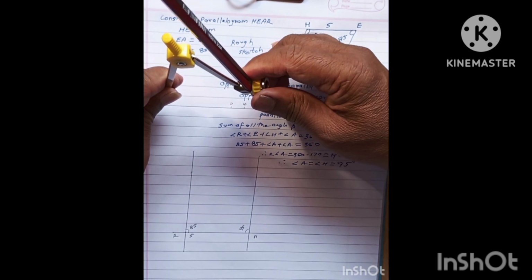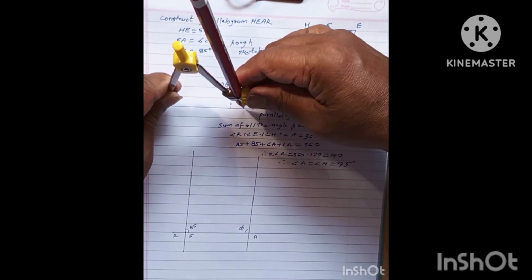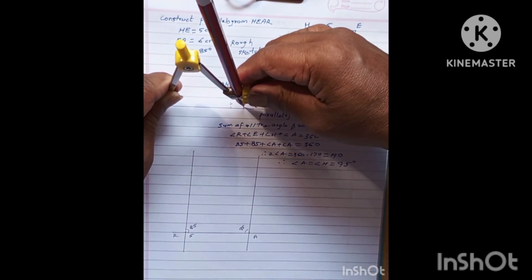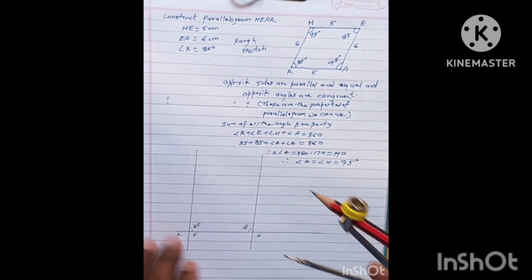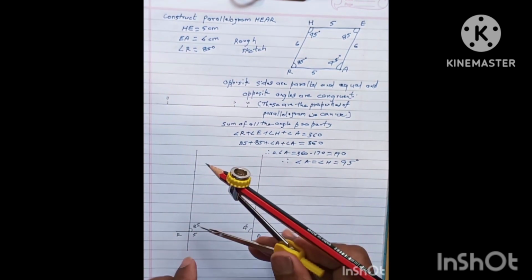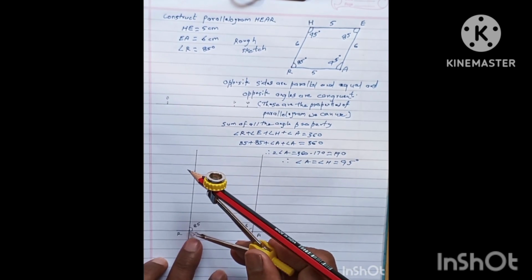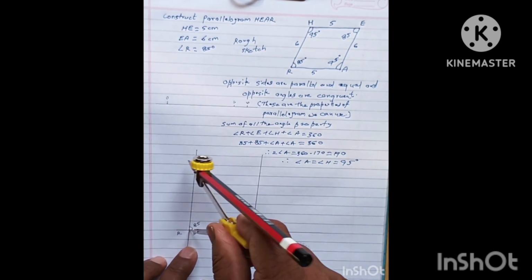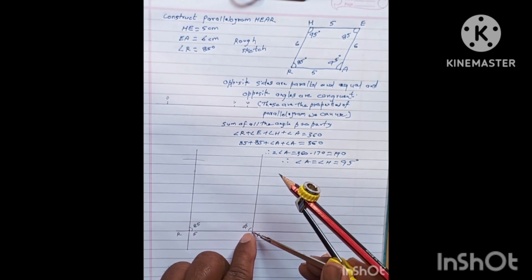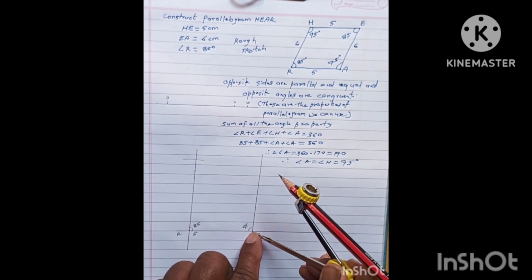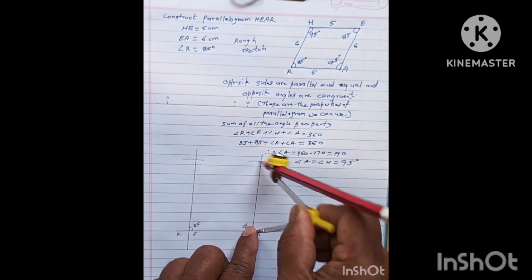So take 6 because we have to locate H and E. H lies 6 centimeters away from R and E. So I'm taking H first, giving a mark, that is where H lies, and the exact mark. And this is E.